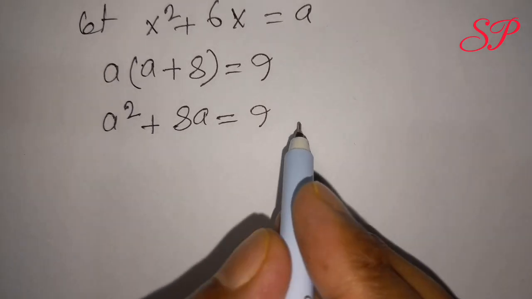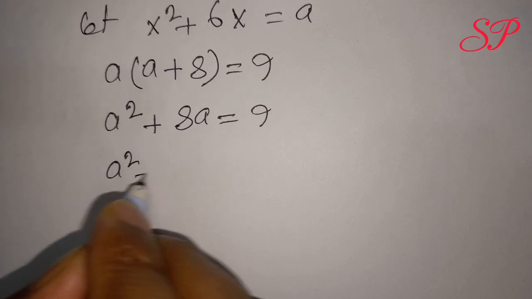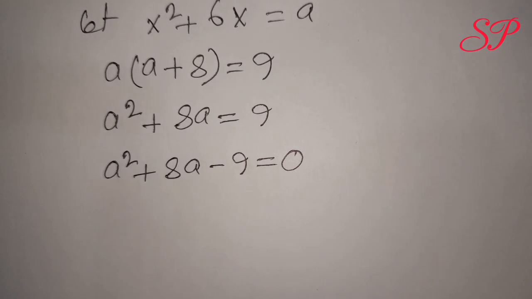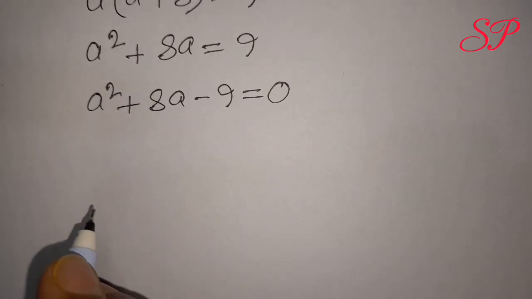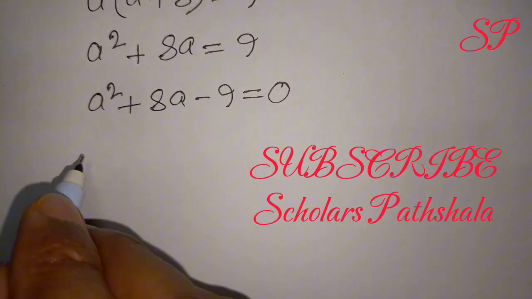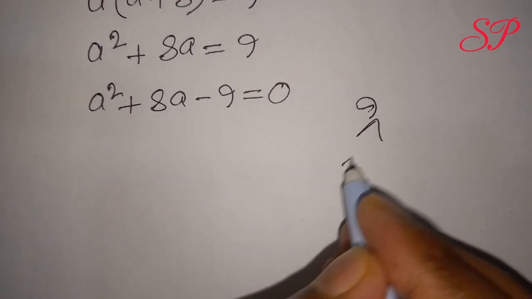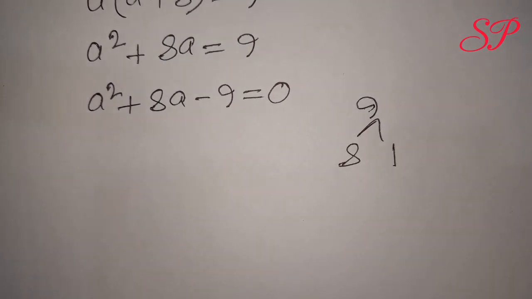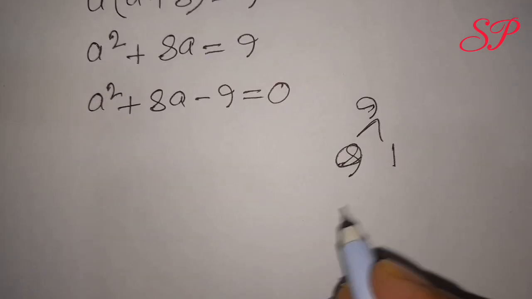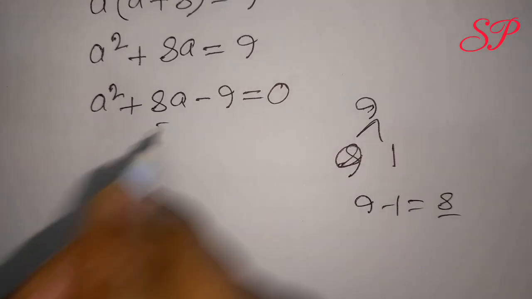We transfer 9 from the right side to the left side: a square plus 8a minus 9 is equal to 0. Then we factorize this. We can write 9 as 9 and 1, 9 minus 1 is equal to 8.